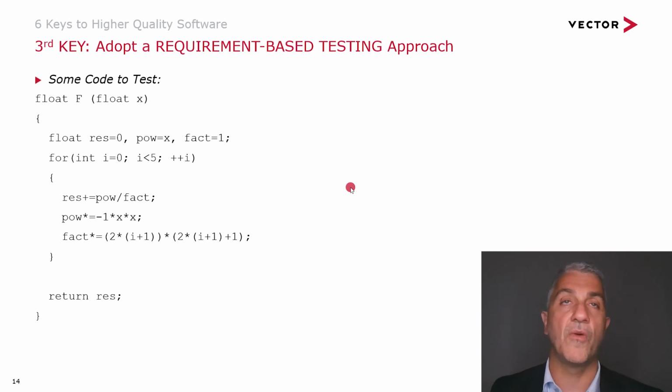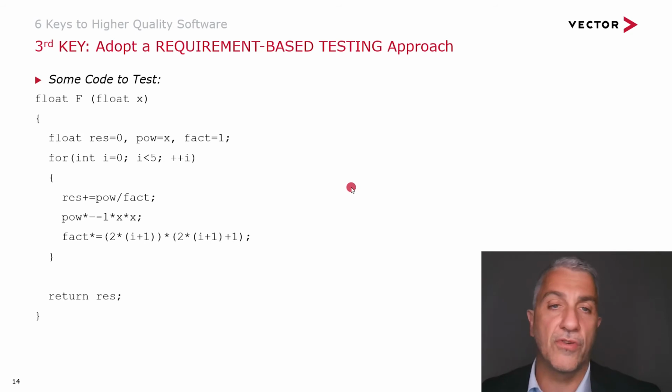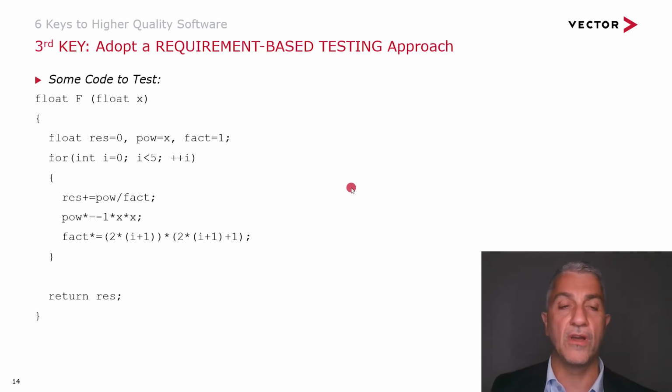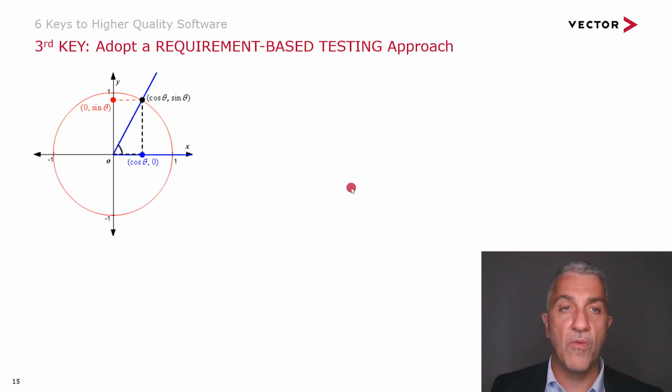For example, if we look at this piece of code, you see there are some lines of code, this function with x as input, and some code. You don't understand this code, so if you have to test it, maybe you see there is a for loop, etc. But what if I tell you the requirement of this piece of code?